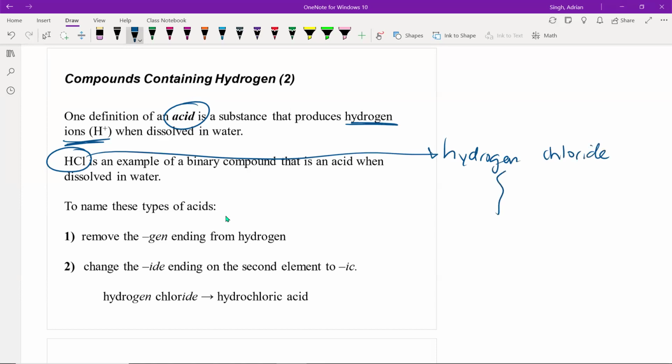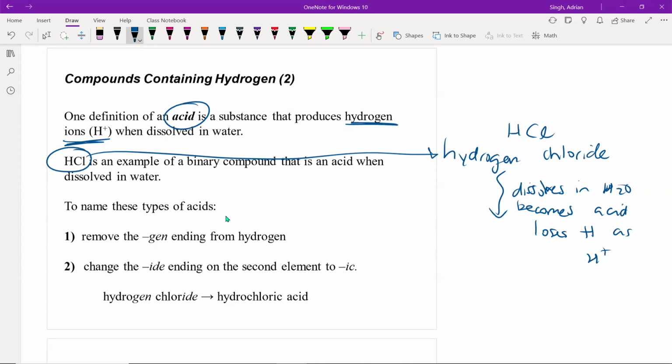When it dissolves in H2O, it becomes an acid because it gives up this H plus. So it loses hydrogen as H plus, and that's what makes it an acid.